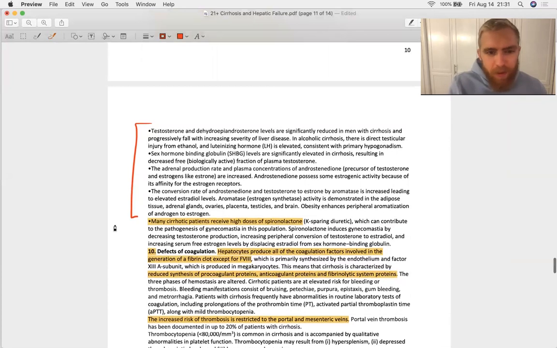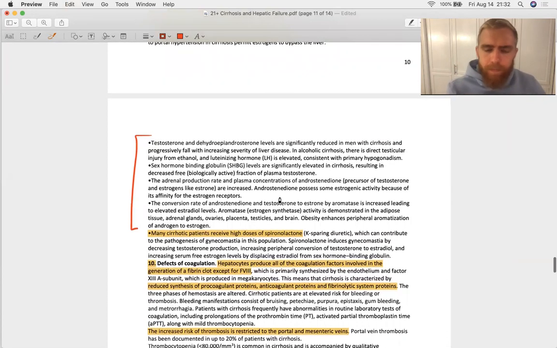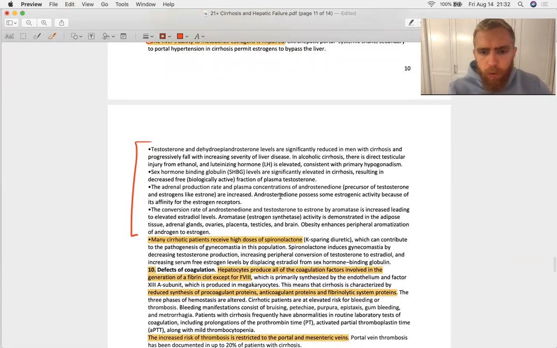And if you're going to remember one other thing from this section, know that many cirrhotic patients receive high doses of spironolactone, which induces gynecomastia by inhibiting, what was it, 17,20-desmolase, I want to say. One of those old enzymes.